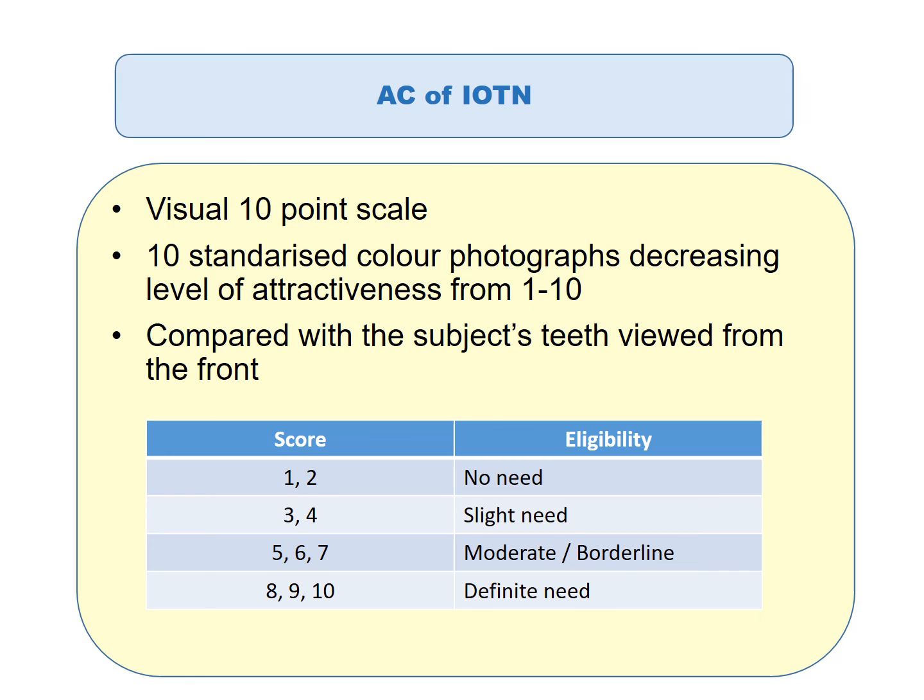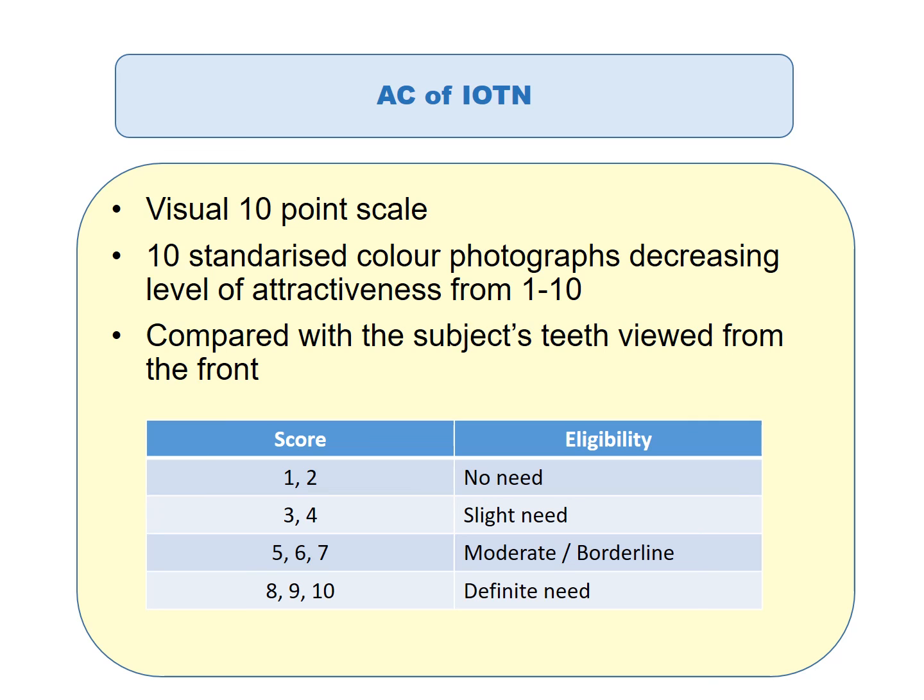Now, let's have a look at the aesthetic component of the IOTN. This uses a 10-point visual scale consisting of 10 standardized color photographs, with decreasing level of attractiveness from 1 to 10, meaning 1 is considered the most attractive and 10 is considered the least attractive.